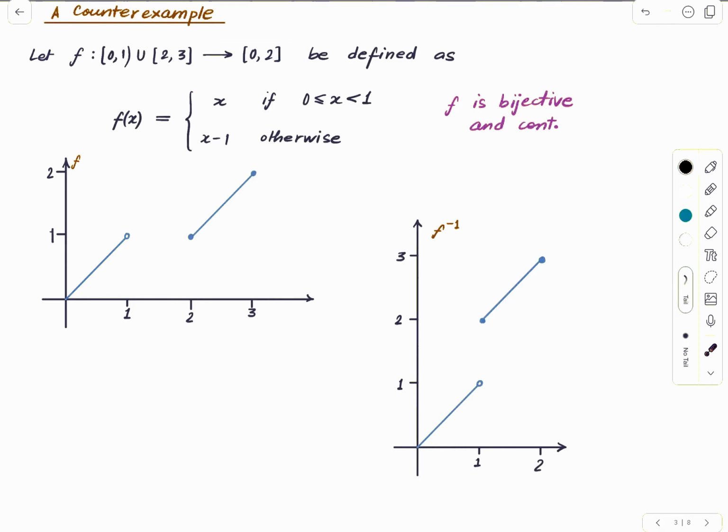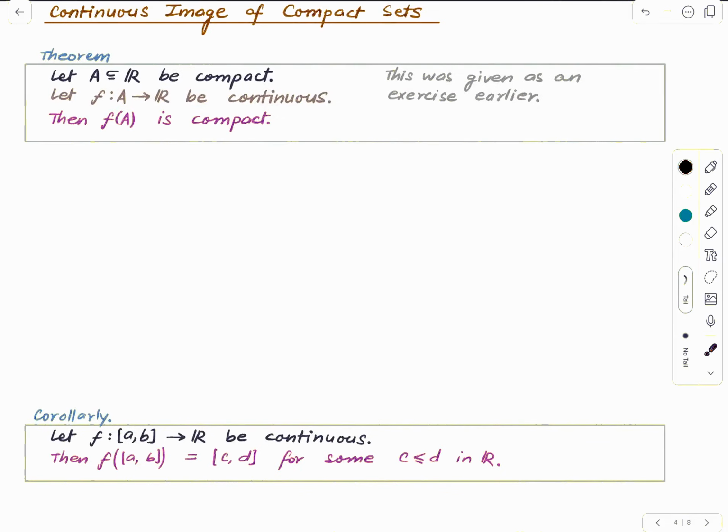All right, but as we'll show, all is not lost. If you have a bijective continuous function whose domain is an interval, then the inverse would also be continuous, and that is the main result of this lecture. Before we go there, we need to talk about something that was given as an exercise earlier.